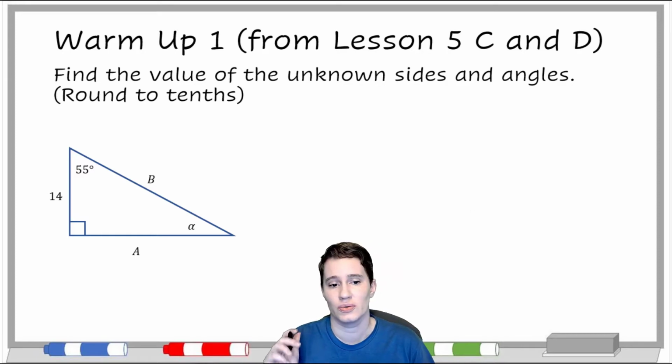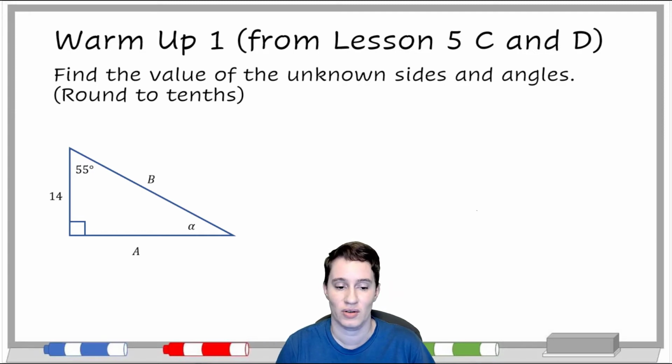We're going to check out this triangle. It's a right triangle, and we're going to find the value of the unknown sides and angles. We're going to round to the nearest 10th spot. So here's the thing. We know one of the angles, and we know one of the sides. Actually, we know 2 of the angles because it's a right triangle. So we know the 90-degree angle, and then we know a second angle because of the 55-degree angle. So since there's only 3 angles in a triangle, we can basically just subtract from 180 and get angle alpha right here.